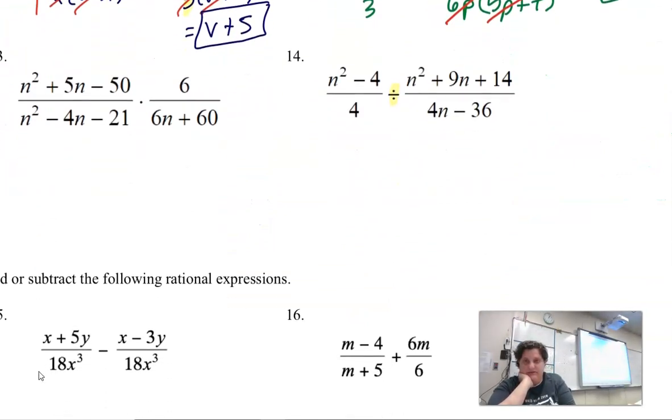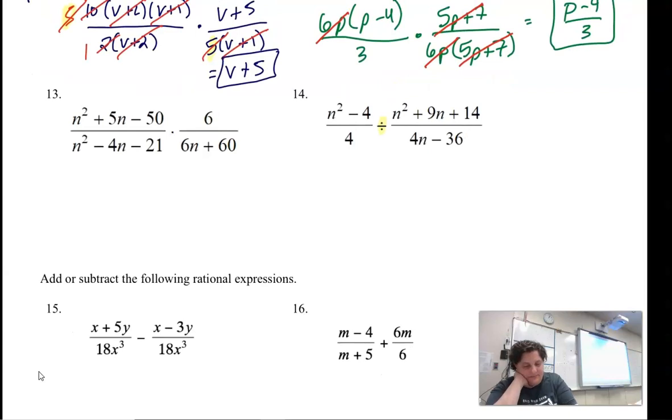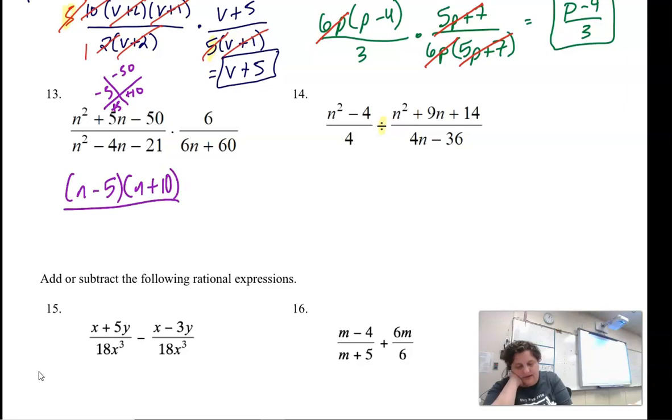Okay, check out number 13. Let's see. Let's do multiplies to make negative 50, adds to make 5. That's going to be minus 5 plus 10. Okay, and then this one, let's multiply to make negative 21, subtract to make 4. That's going to give me minus 7 plus 3. That has a 6 on top.